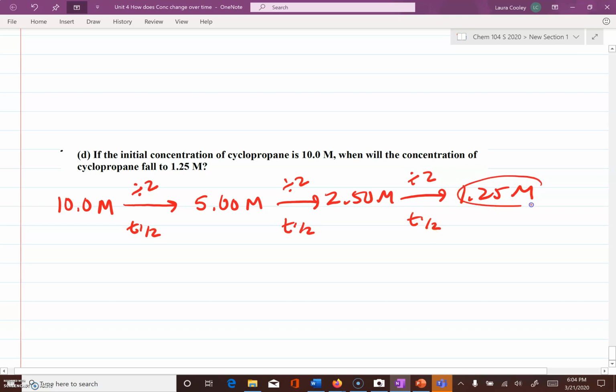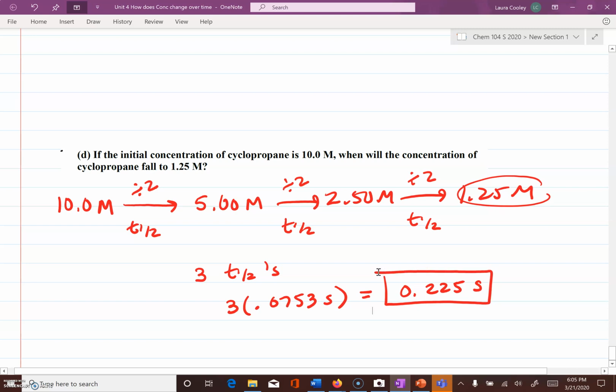And so sometimes when the numbers work out, this is pretty easy, and you end up with 3 half-lives. And since the half-life is 0.0753, this comes out to 0.225 seconds. Okay, so that's pretty fast. All right.